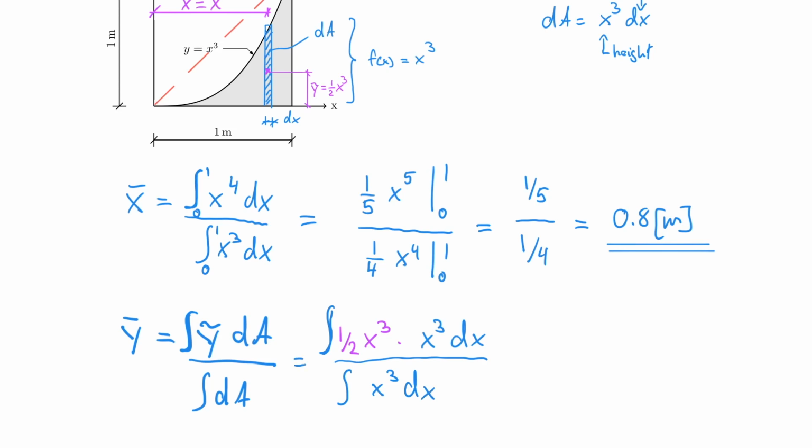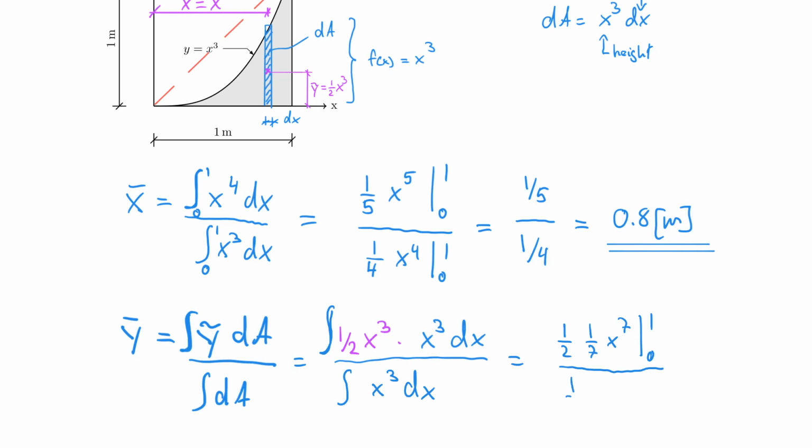So if I integrate that now, I end up with 1/2 times 1/7 x to the 7, and I integrate that from 0 to 1 as well. And then here nothing changes.